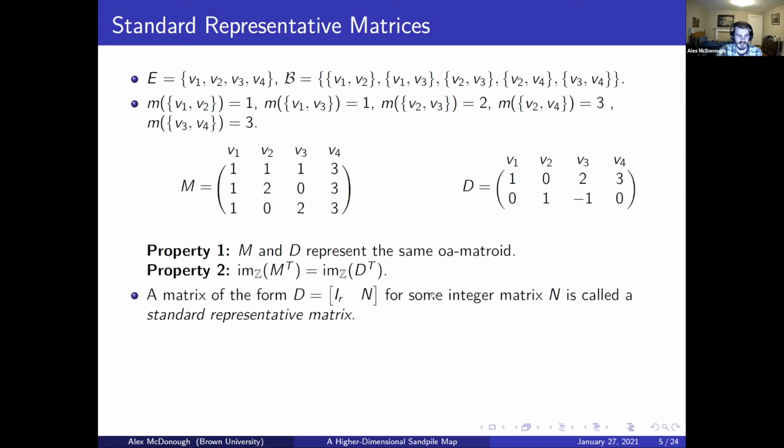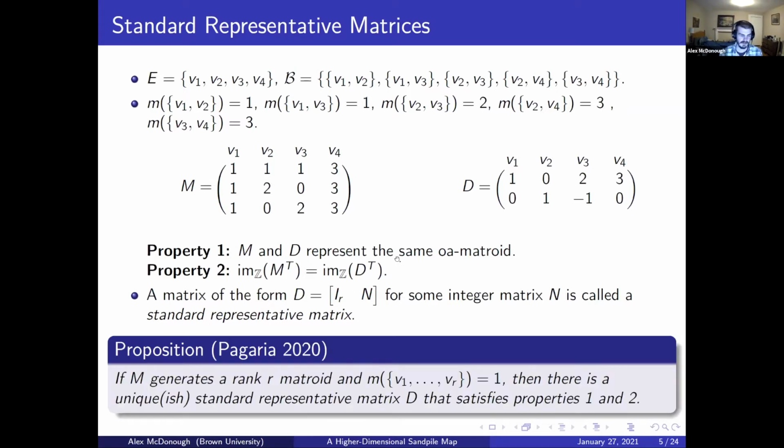This type of matrix is called a standard representative matrix. In particular, it starts with the identity, and then there's just some other stuff on the right of it. If we have M generating a rank R matroid, and the first R vectors have multiplicity 1, then we can get a standard representative matrix that satisfies these properties.